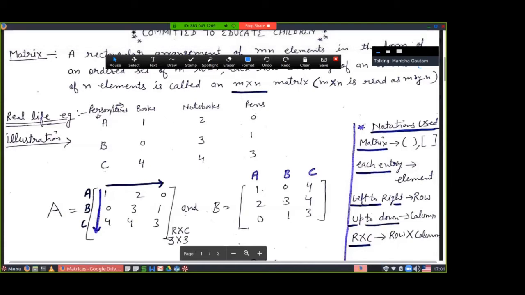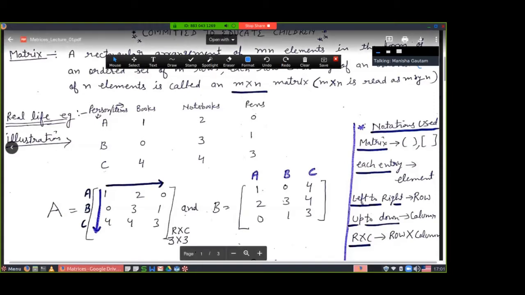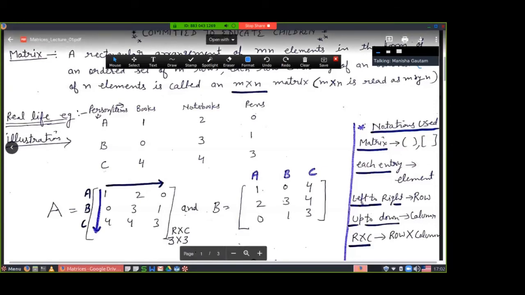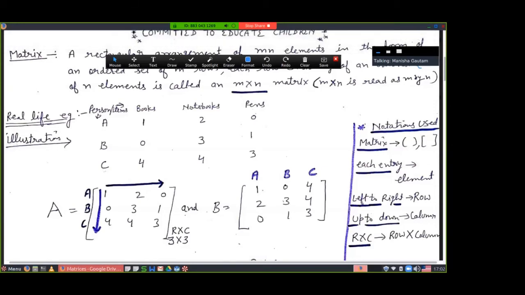When I'm talking about left to right, you're getting the information of persons A, B, and C. First row, left to right, this arrow shows rows. Up to down, the second arrow, the blue arrow, shows columns. If this information is written in the form of matrix B, information of person A in the first matrix was left to right, but I am writing in the B matrix up to down.